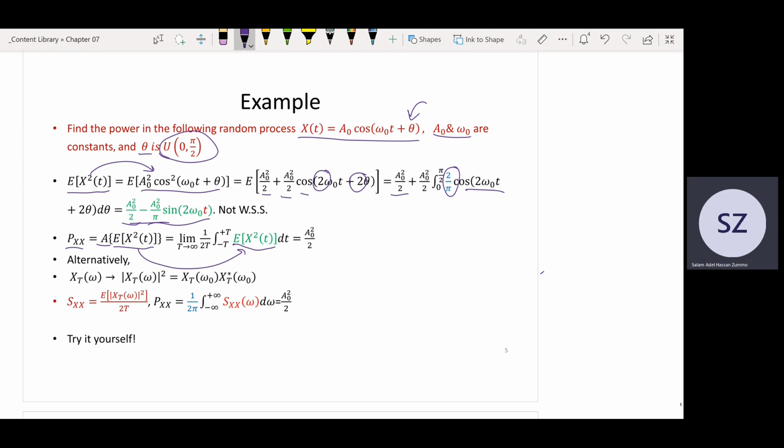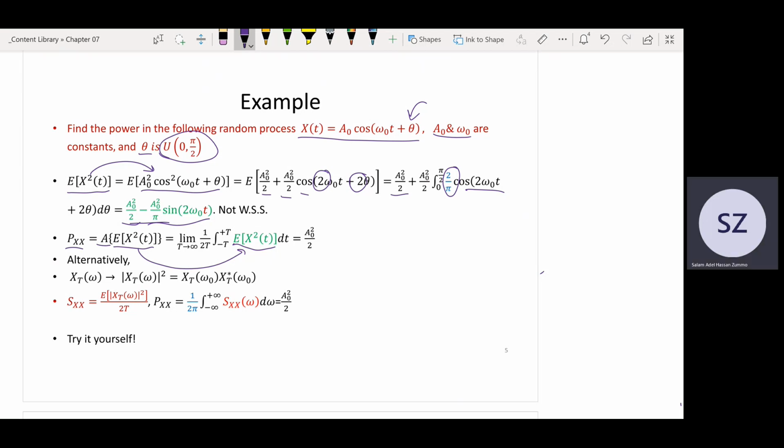So now the expected value that we found, we need to put it here and do the integration. What was the expected value of x squared? This one, right? So now integrating A0 squared over 2 from minus t to t and dividing by 2t, what do we get?